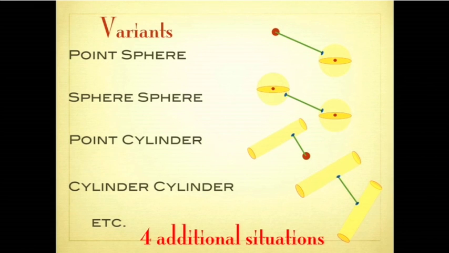You just take the distance between the center and the line, or the distance between the lines, and then you subtract the radius. So these are different situations, which also really are just the use of distance formulas.